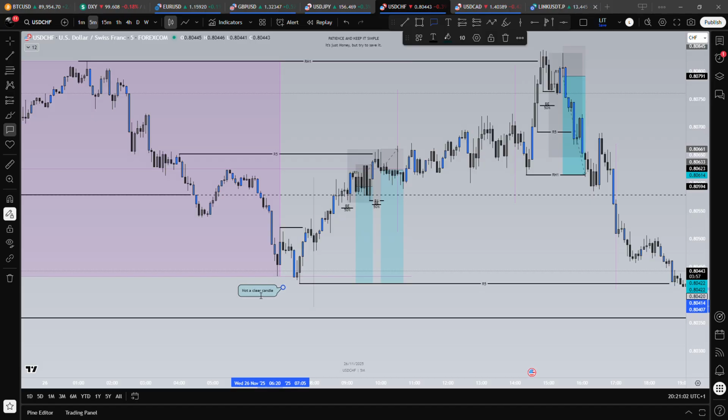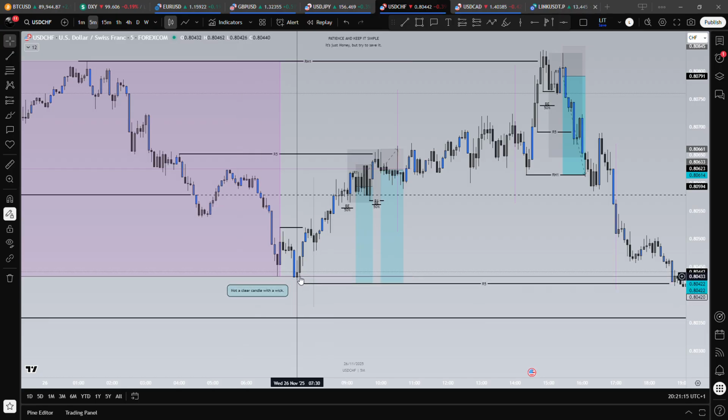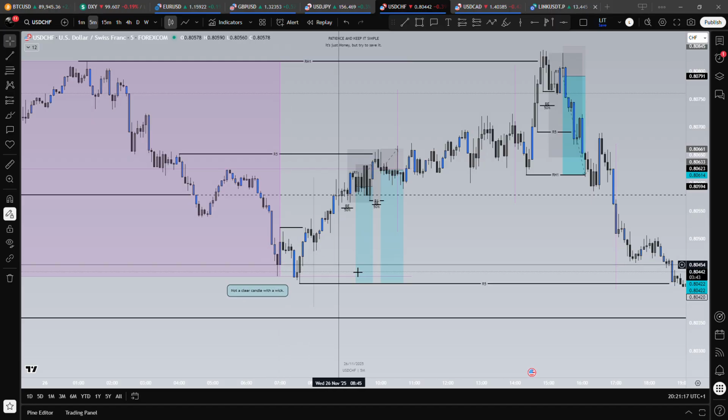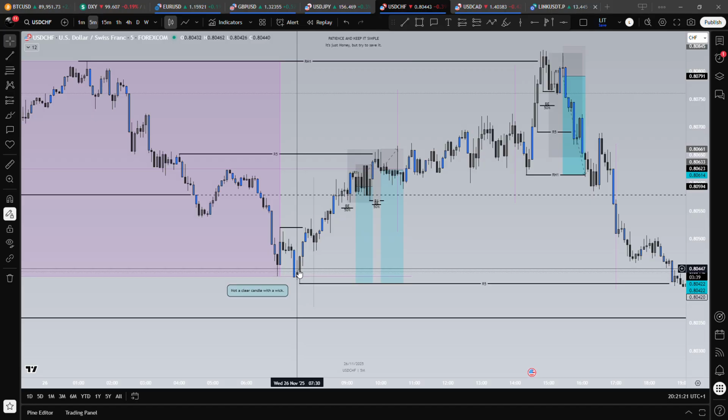Clear candle wick. Well, yes, it has a wick, but I don't like this candle here to the left. Well, I like it because I think it's inducing sellers, but I'm not sure.